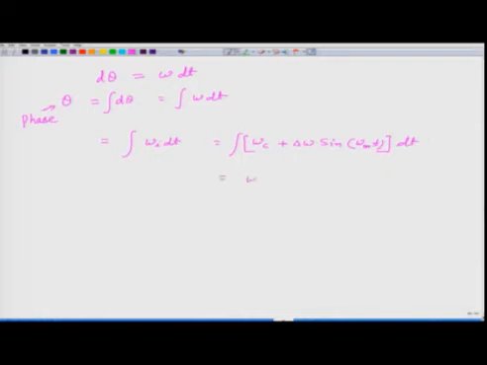If I integrate, I will get omega_c t minus delta omega divided by omega_m, sine of, no, it becomes cosine of omega_m t.